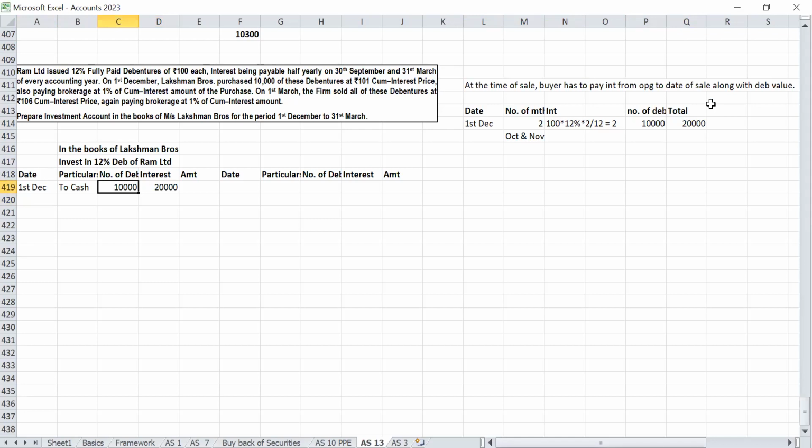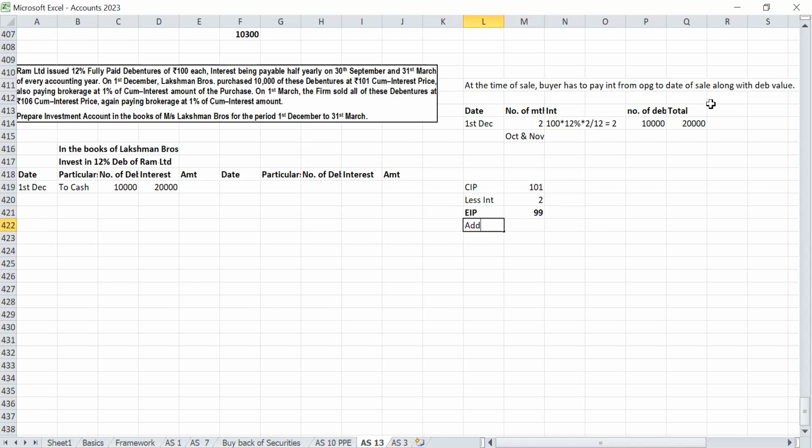They have given the cum interest price, 101. In that, interest is 2, so the ex interest price is 99. Brokerage is there.